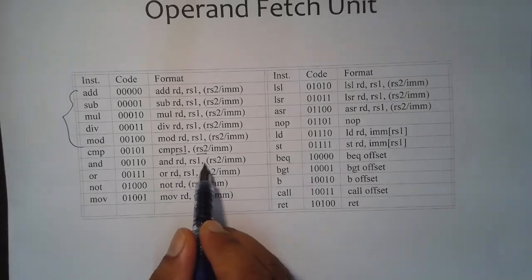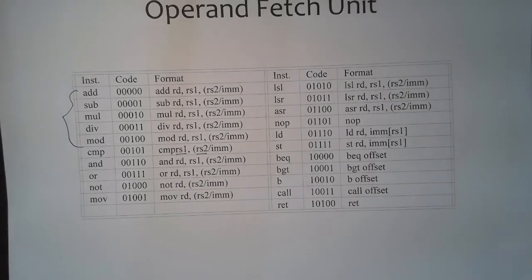So, you have a destination and two sources, and not has one source, one destination, and move also has one source.